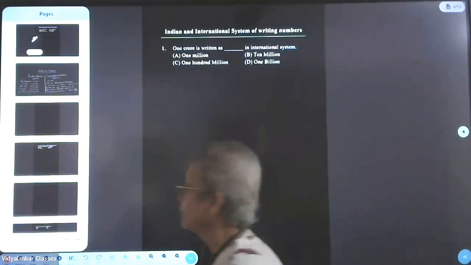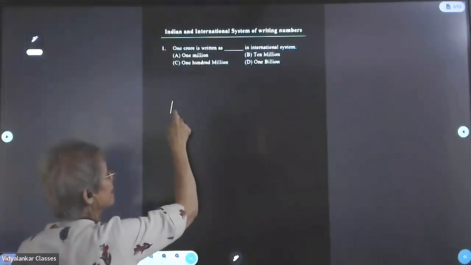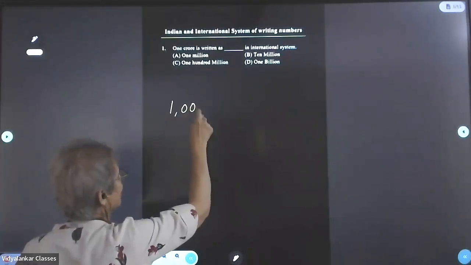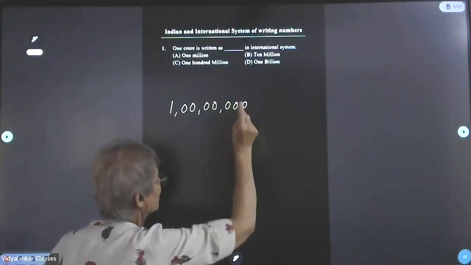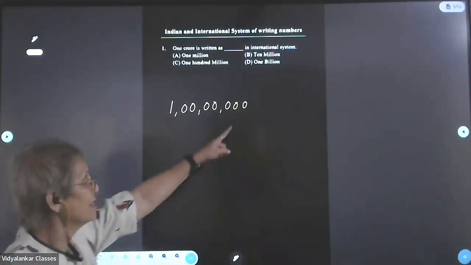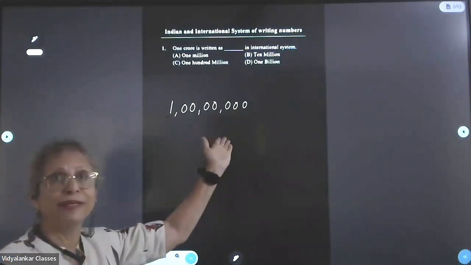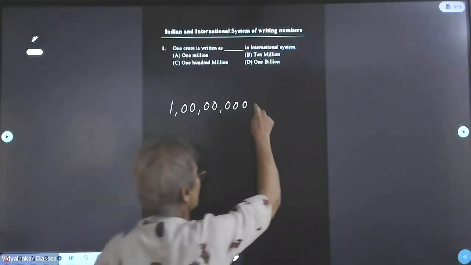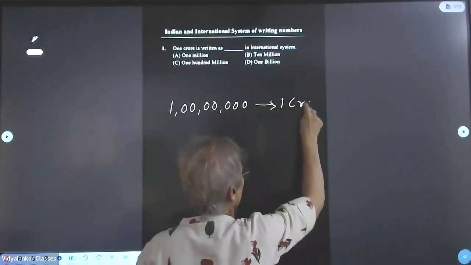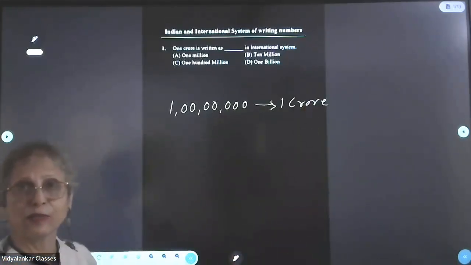So let us write 1 crore. 1 crore means, see here, hundreds, thousands, lakhs, 1 crore. This is how we write 1 crore in our Indian number system. Now it is to be written in the international number system.